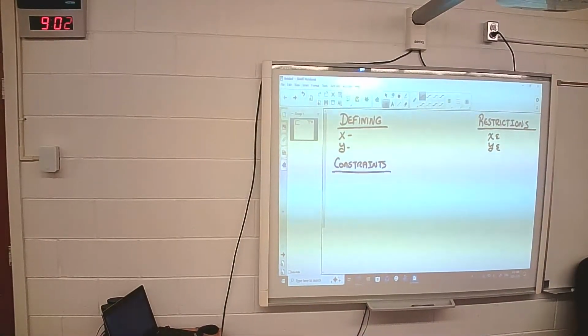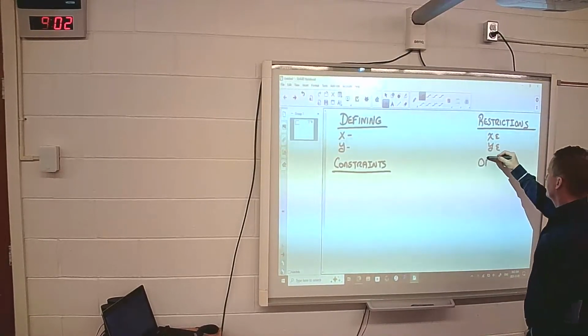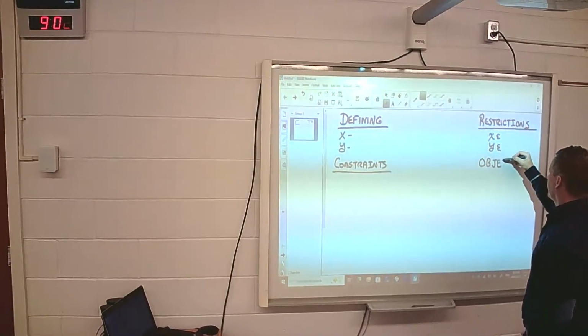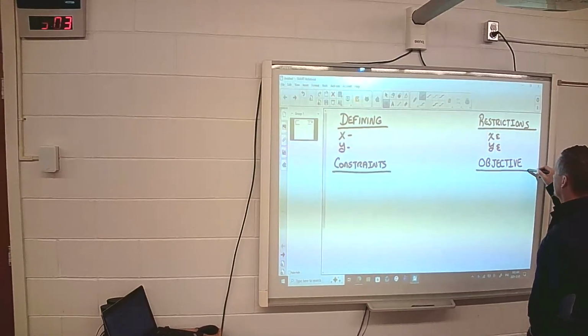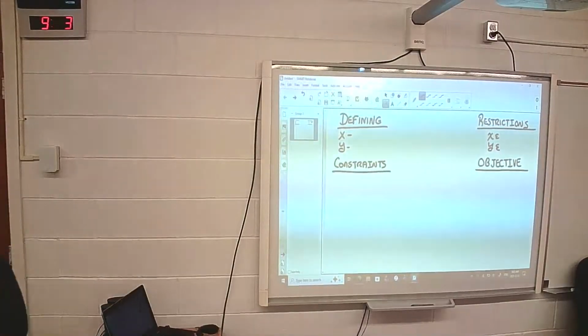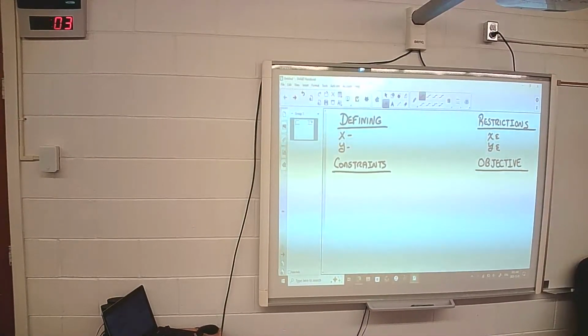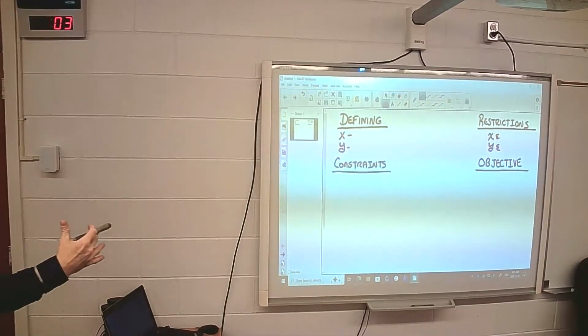And then the fourth part of this is your objective. The objective is going to be an equation as well, and it's going to be: are you finding the maximum or minimum of your set values?